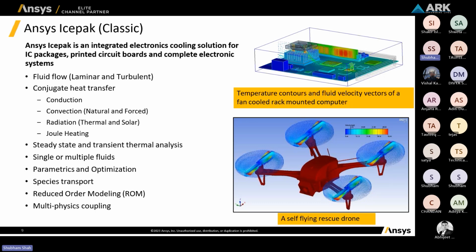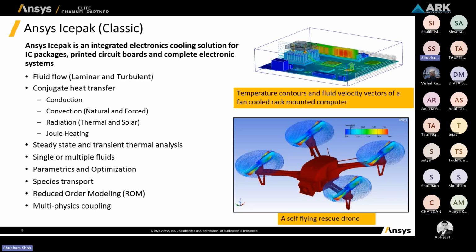Let's say you are simulating with your coolant as natural air. In that case, that is a single material. But what if your coolant is a combination of two or more fluids? Let's say you have designed a cooler with a coolant of 50% water and 50% glycol. In that case, multi-phase comes into the picture.